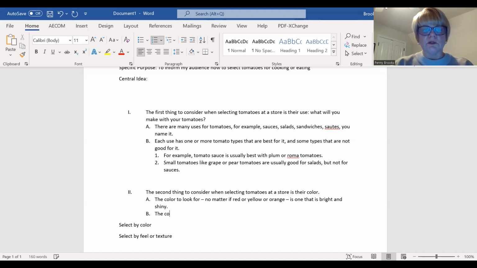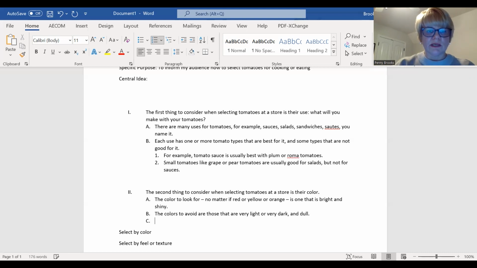So the colors to avoid are those that are very light or very dark and dull. And I can do a little one down here.